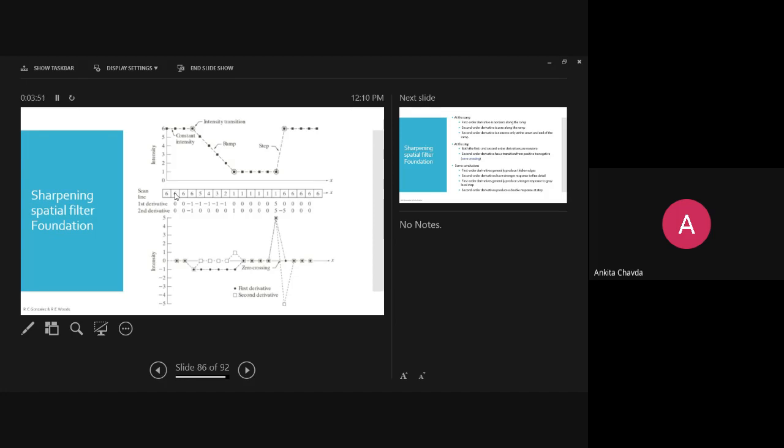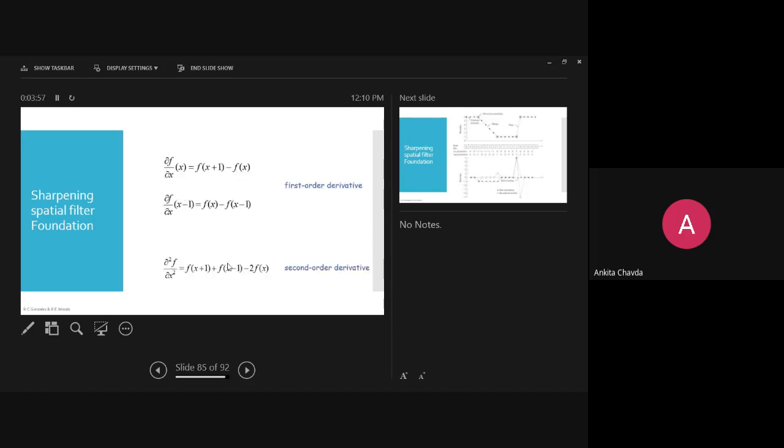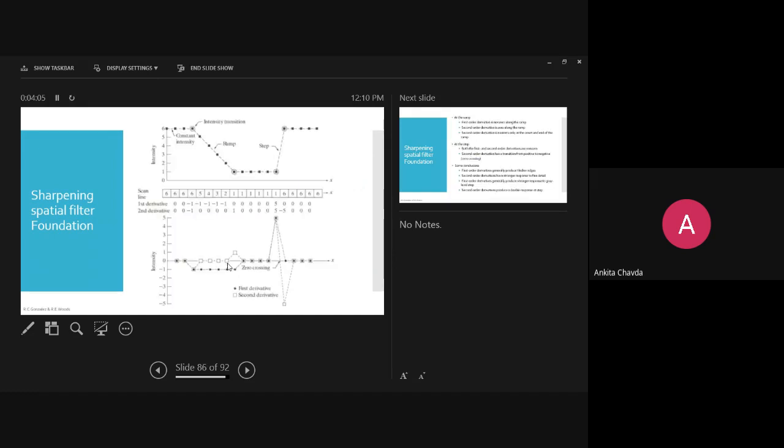So now you simply put f of x plus 1 plus f of x minus 1, so 6 plus 6, 12, minus 2 into f of x. So you will have here 12 minus 12, right? That would be 0. Same case for here also.